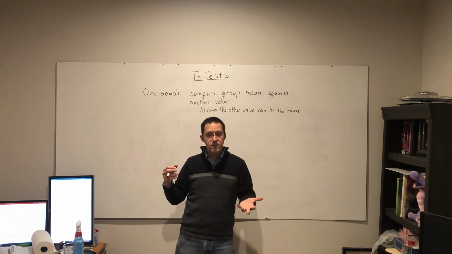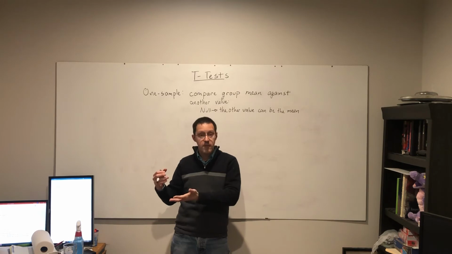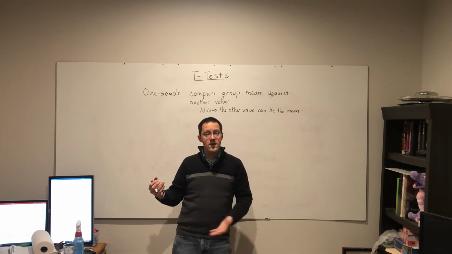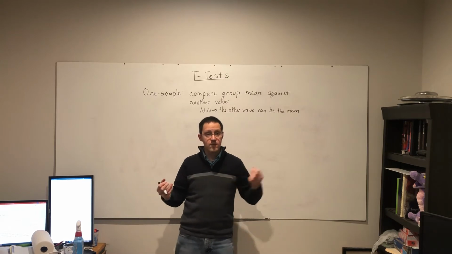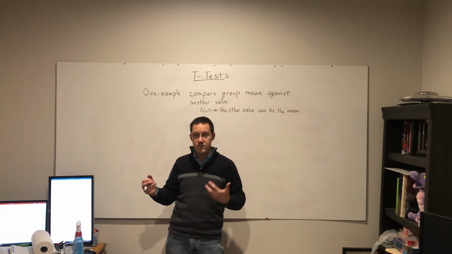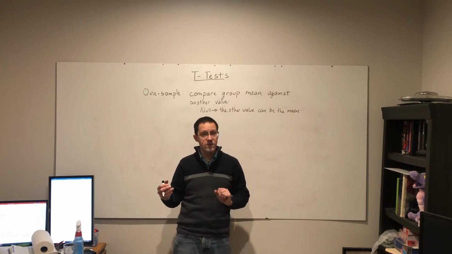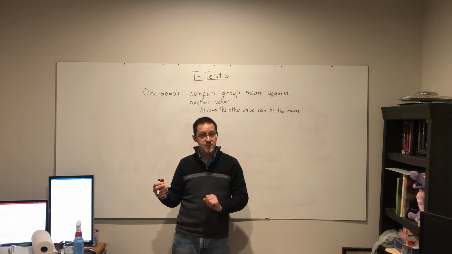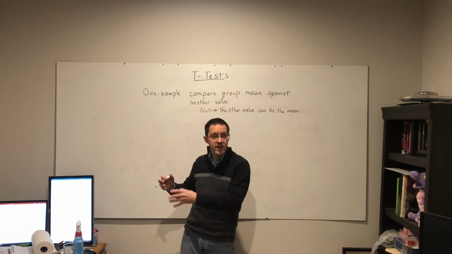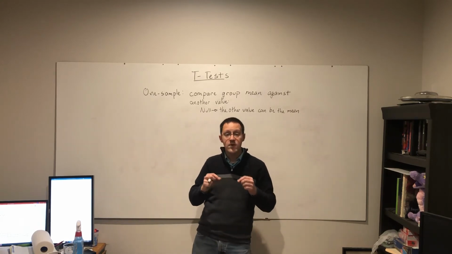And if it's higher, then we might say we need to have some economic action from the state government, from the federal government, to address an employment crisis here within the Mountain State. So there's how we can use the answer to that one sample t-test.